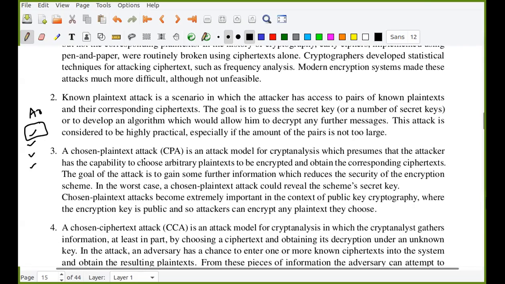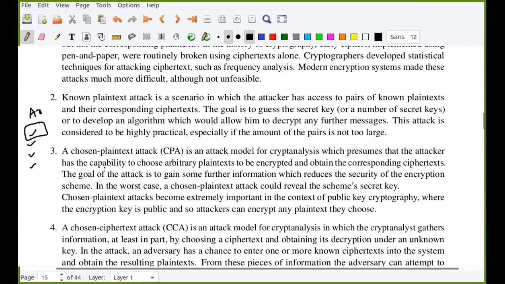But chosen plain text attack means that now the attacker, I made a little mistake here. In a known plain text attack, the encryptor will give both plain text as well as ciphertext, some pairs. But in the chosen plain text attack, the attacker is allowed to choose his own plain text and do it. Sorry.